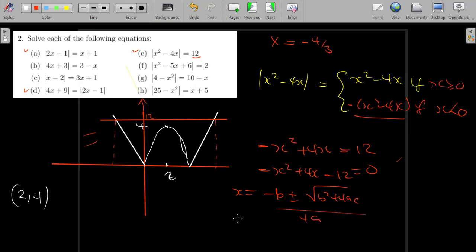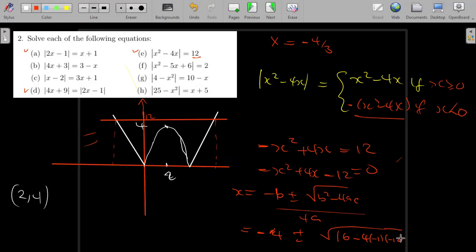So what am I going to do? My b is this here, and that is negative, so it's -4 plus or minus, then you square it, so square of -4 gets 16, then what's minus here? Not a positive but minus. In that formula there's a minus sign, so minus 4ac. So minus 4, what's my a? My a is -1, my c is negative 12.